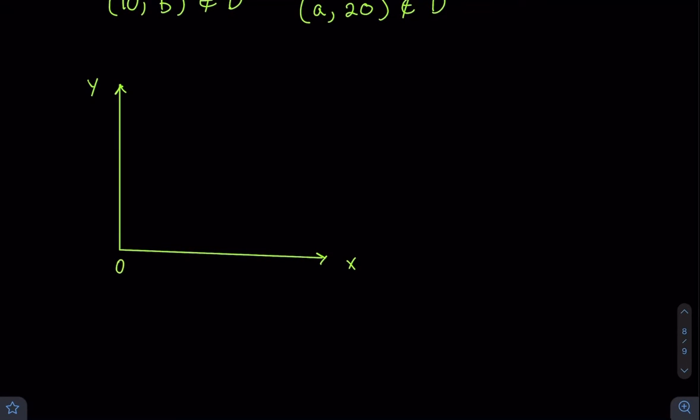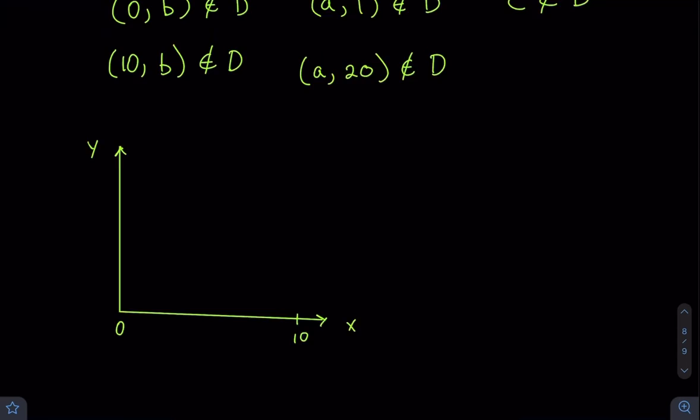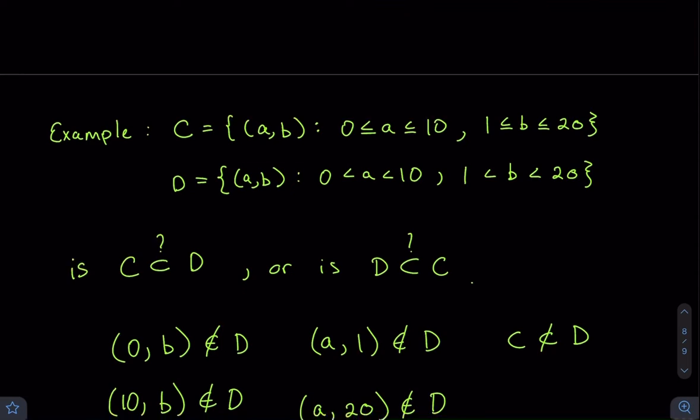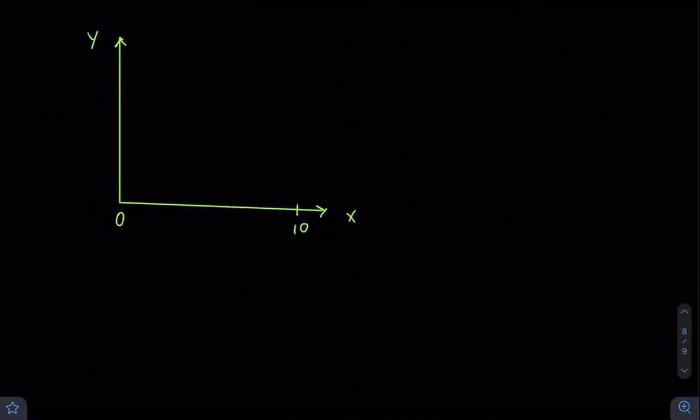So 0 will be here, 10 will be here. B is going to be between 1 and 20. 1 will be here, and 20 will be here. Let's put the 10 a little closer just to make the scaling seem reasonable.